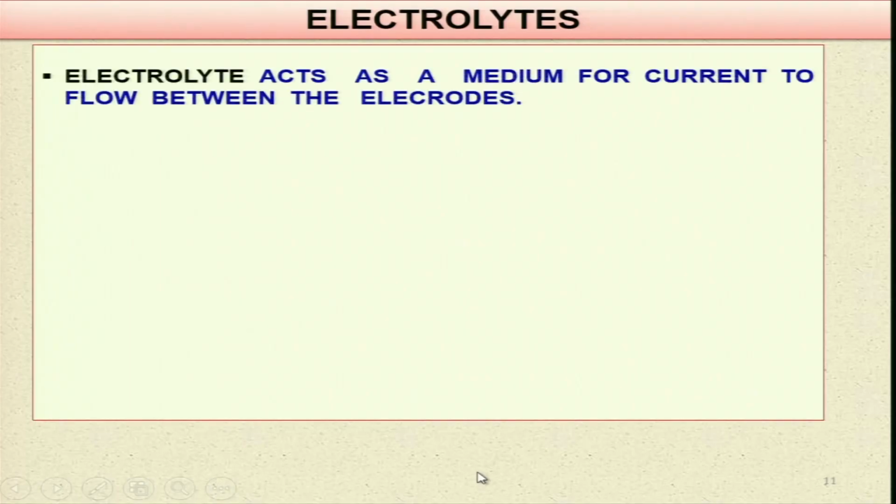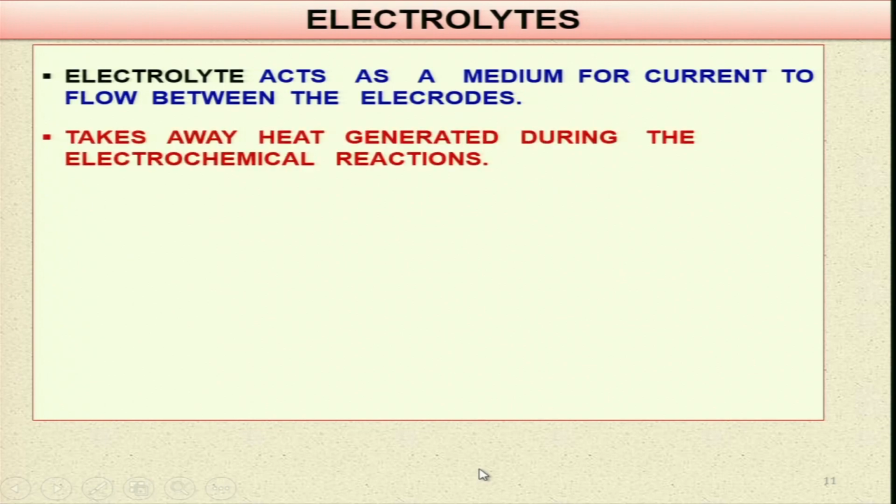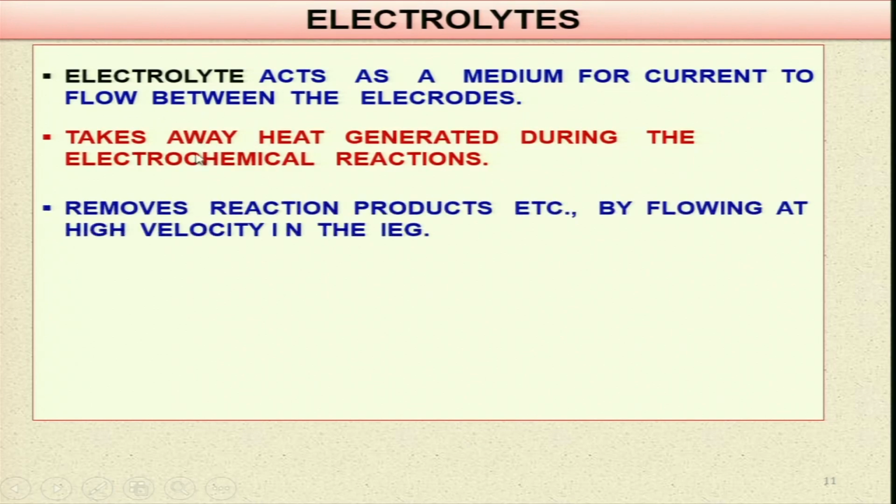Electrolytes. Electrolyte acts as a medium for current to flow between the electrodes. It takes away heat generated during the electrochemical reactions. We have already seen electrochemical reactions and heat is generated during them, and that heat is taken away by the flowing electrolyte. It removes reaction products by flowing at high velocity in the inter-electrode gap.